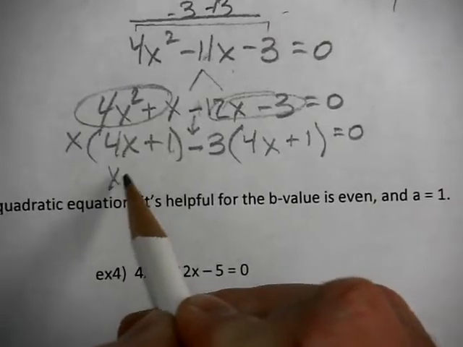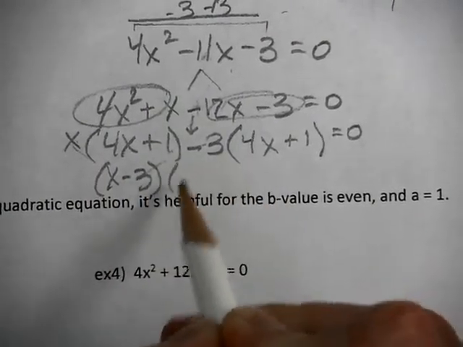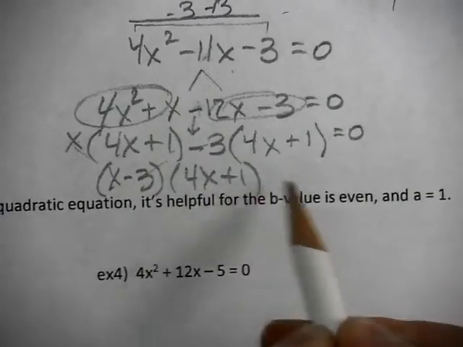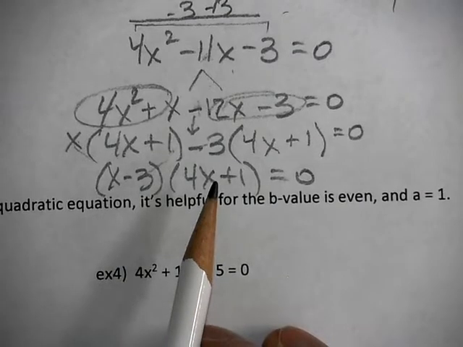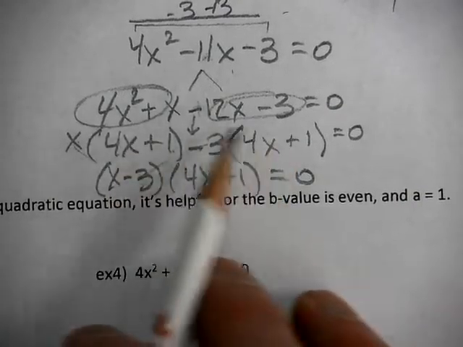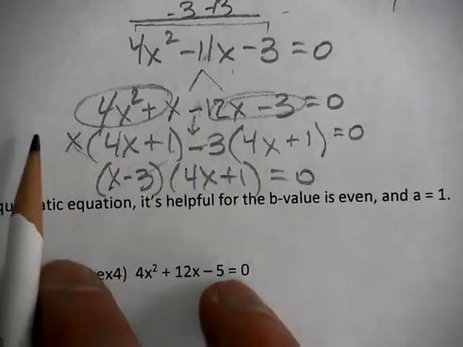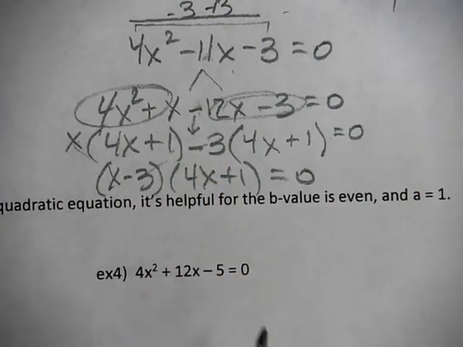So then we bring down our x minus 3, and you bring down your 4x plus 1. You don't have 2 different 4x plus 1s come down. Just bring down one side. It's like factoring out the 4x plus 1 out of this whole line, and then you have left over the x and the 3.